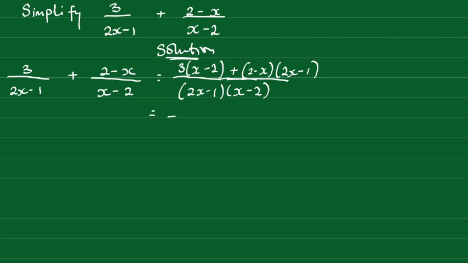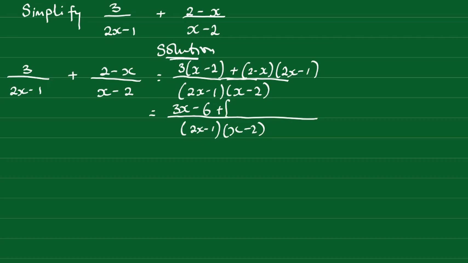Draw a line, write on our denominator our LCM, (x minus 2). So 3 times x gives us 3x, while 3 times minus 2 gives us minus 6. Bring down our addition sign, bracket open.